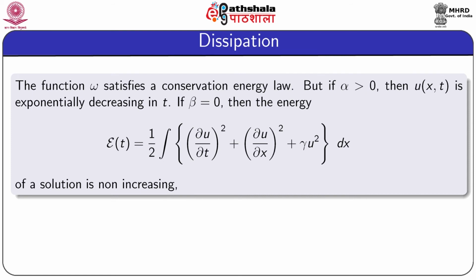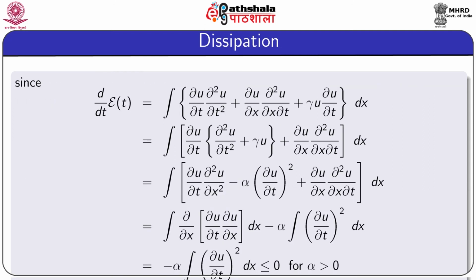First of all, we assume that β = 0, then the energy integral can be written as E = ½ ∫ ((∂u/∂t)² + (∂u/∂x)² + γu²) dx. Now, if you take the time derivative of the energy, here we have taken the derivative of u. So the right hand side is ∂u/∂t ∂²u/∂t² + ∂u/∂x ∂²u/∂x∂t + γu ∂u/∂t.